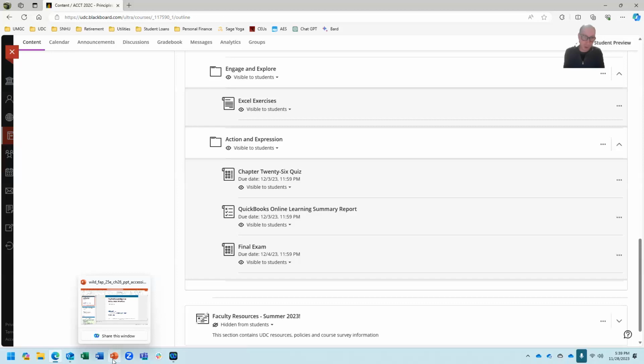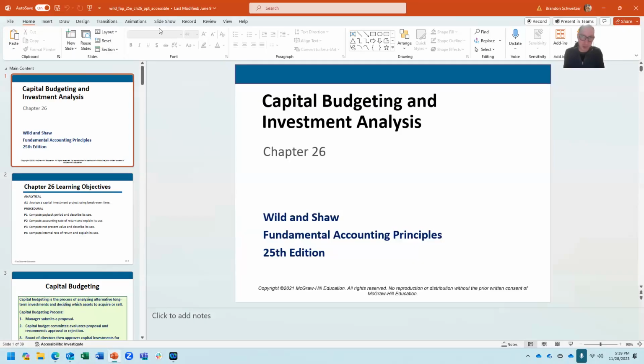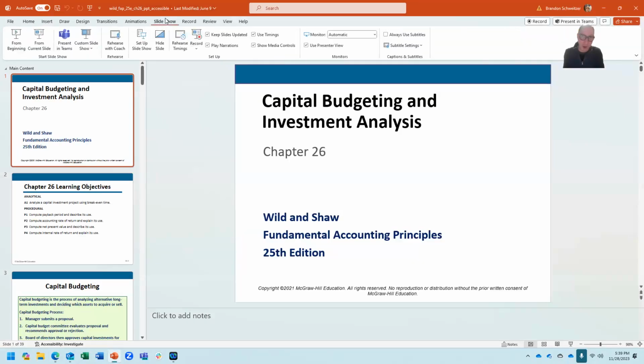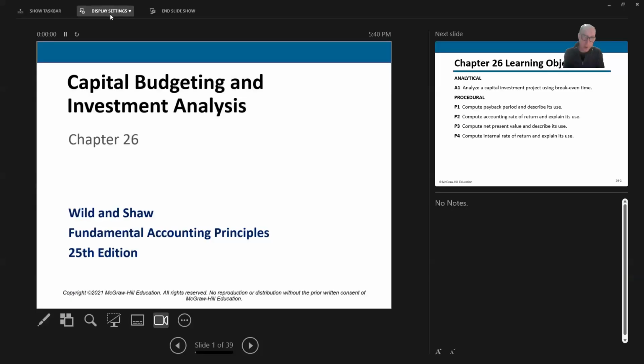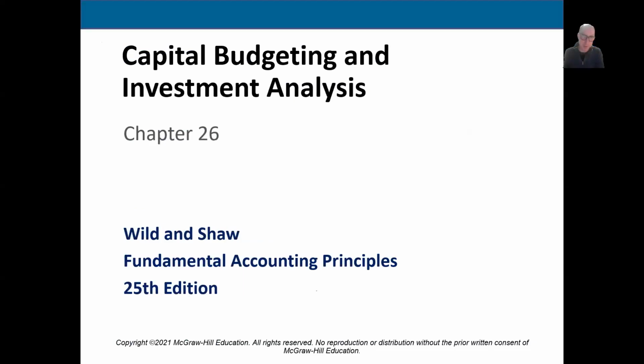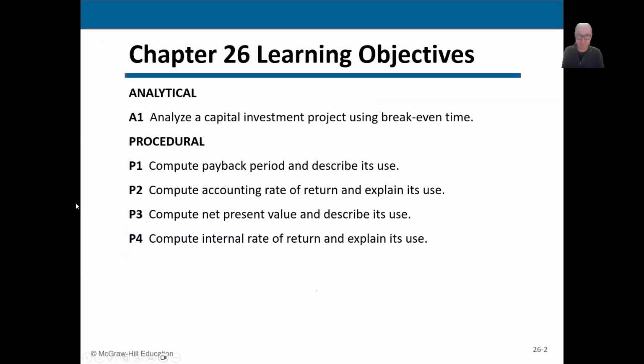So without further ado, let's jump into our lecture on capital budgeting and investments. And I will do my absolute best to make it as relatable as possible, just like I normally do, to help you to understand the information. So, in business, we make investments to grow the business.